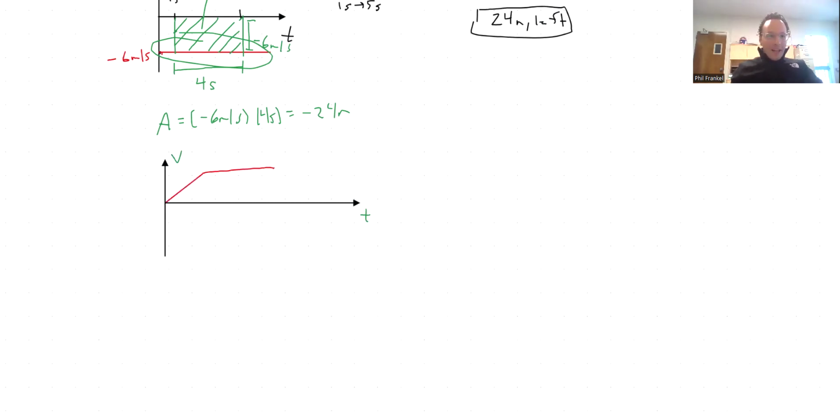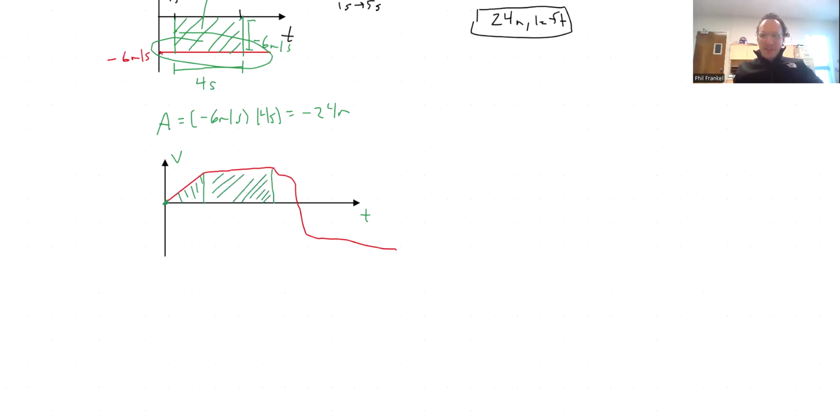Okay, kind of weird looking, right? So how would I handle a situation like this? Suppose I'm interested in the displacement of the object from t equals 0 to some later time t. Well, it looks like I have a triangular area here, so I could compute that pretty easily. And up to here, it looks like I have a rectangular area, which I could compute pretty easily. This additional positive area here would be very difficult to compute, okay?